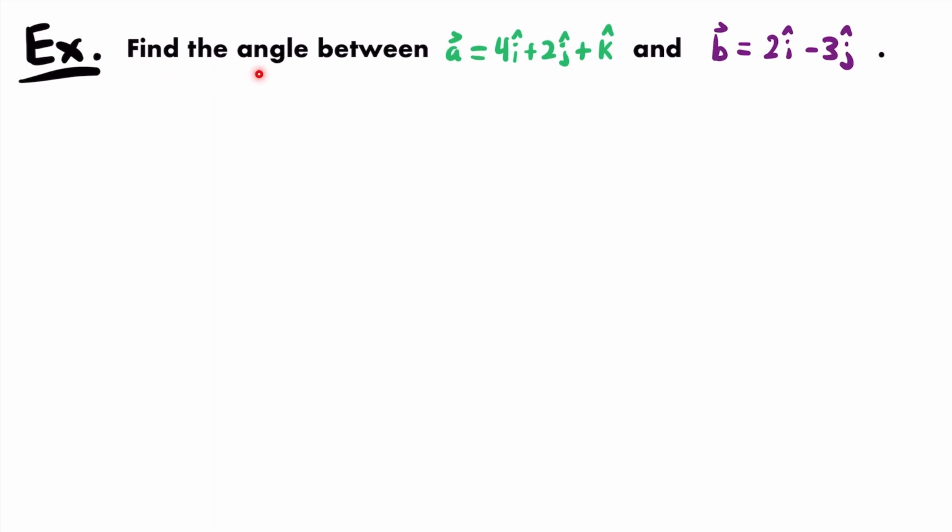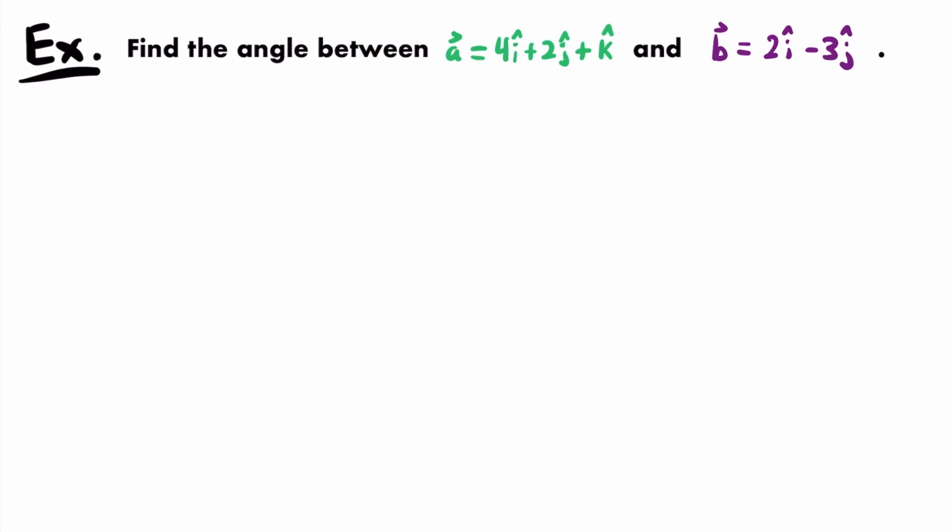Next up, we want to find the angle between vector A and vector B, where vector A is equal to 4i plus 2j plus k, and vector B is equal to 2i minus 3j. All right, now in this case, our vectors are given to us in standard unit vector notation. The only difference is that the x, y, and z components are now the coefficients of our standard unit vectors i, j, and k.